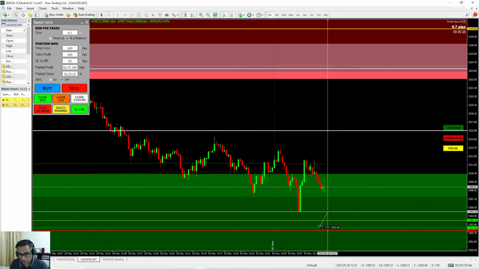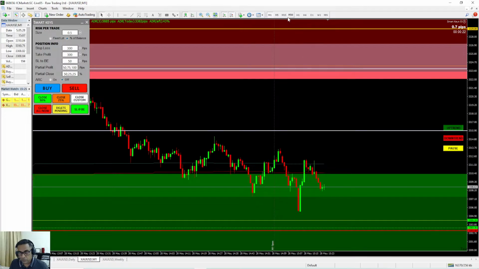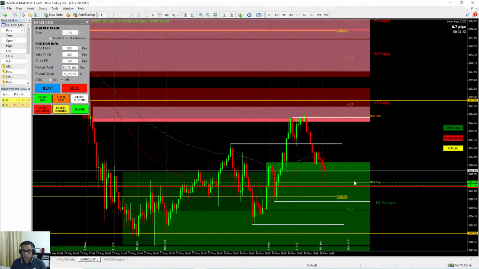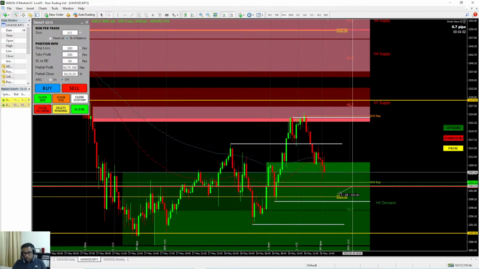There's no bottom wick. We should come further down. I'll be watching this area, 3303, for some sort of reaction, and then maybe structure to form around this area, or maybe even 3,300, maybe 30 pips below that as well. That's possible because that's the next one.